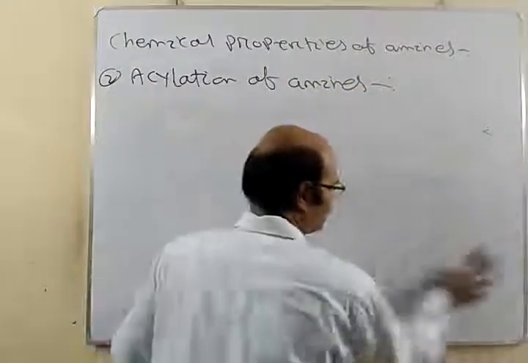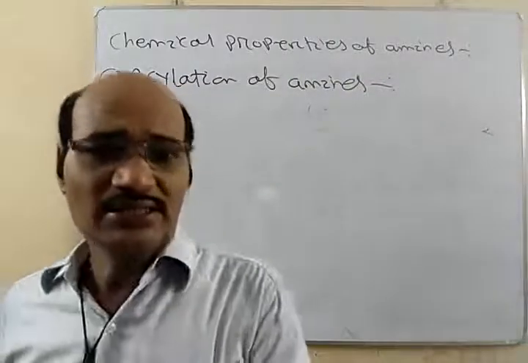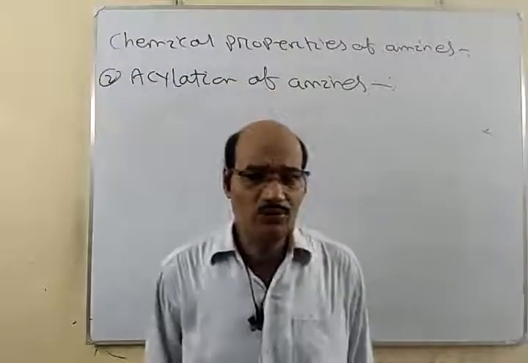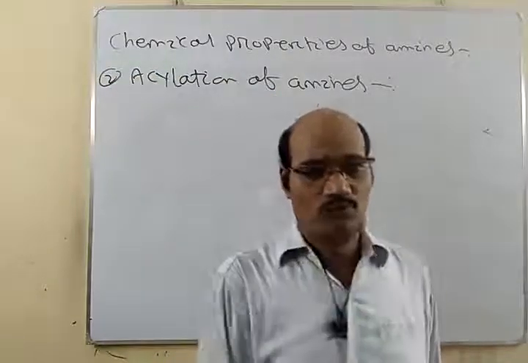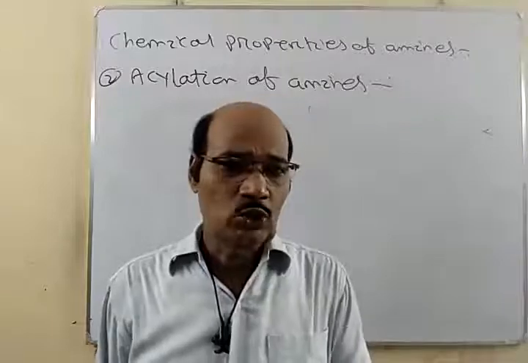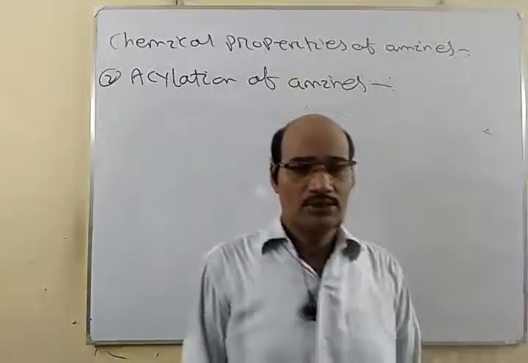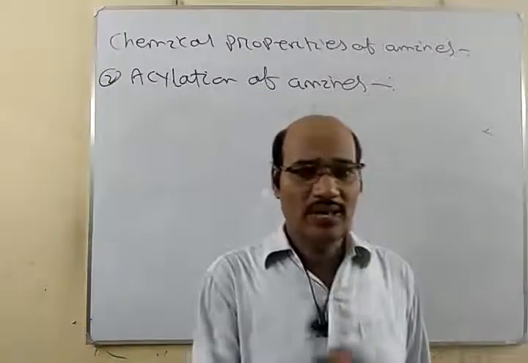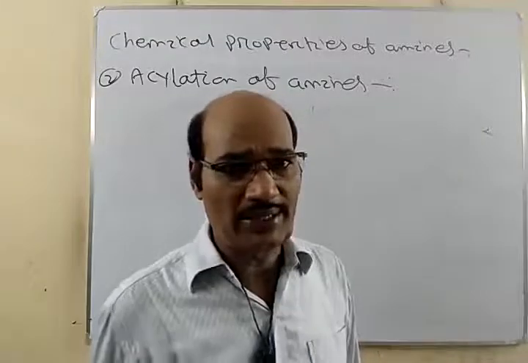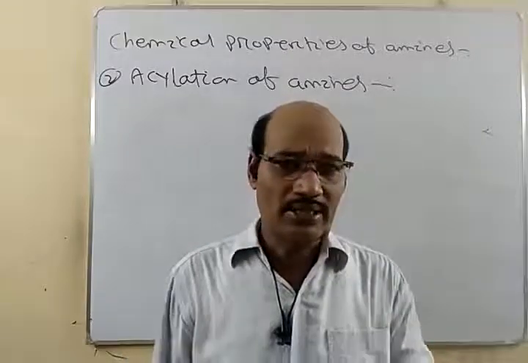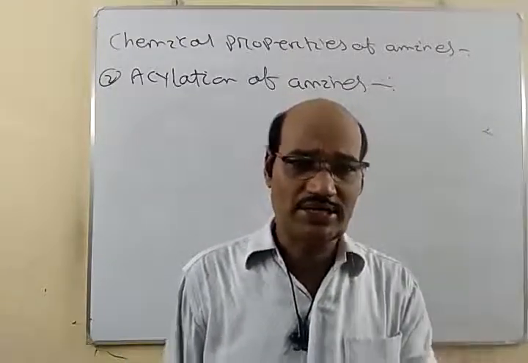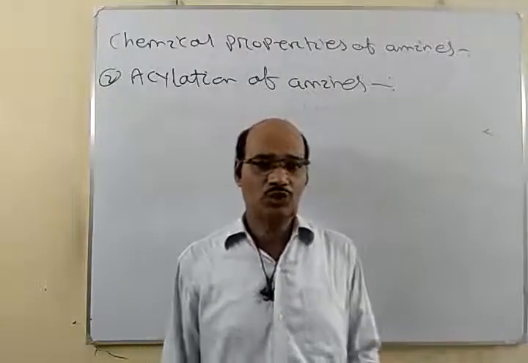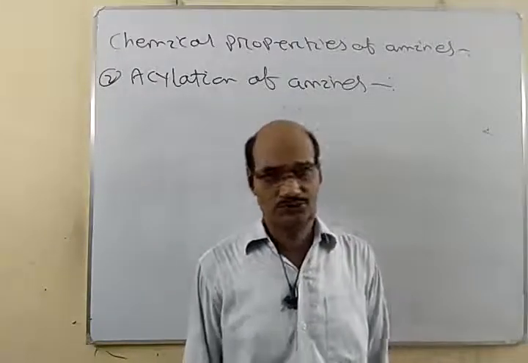Acylation of amines. Acylation is the attachment of an acyl group to the nitrogen atom. The acylation of amine can be carried out using reagents like acetyl chloride or acetic anhydride in the presence of a strong base like NaOH.